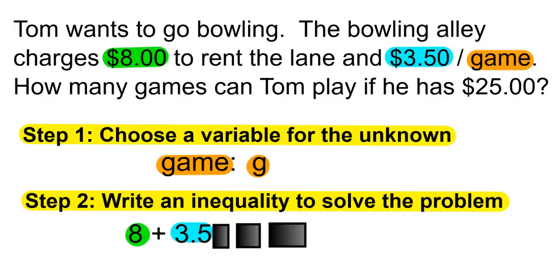And we've decided the game is our variable, and that's going to be G. And this cost will have to be equal to or less than the total amount of money that Tom has. And that's going to be $25.